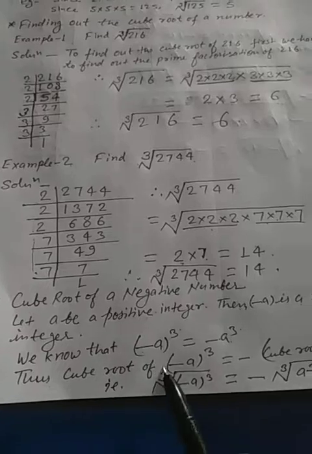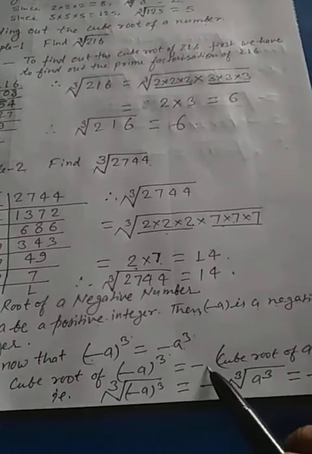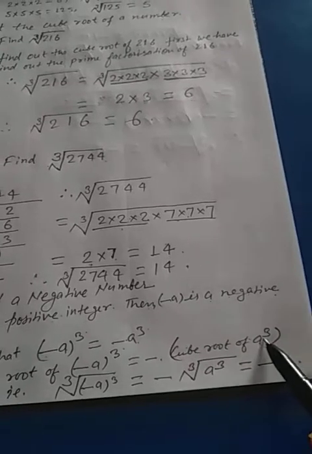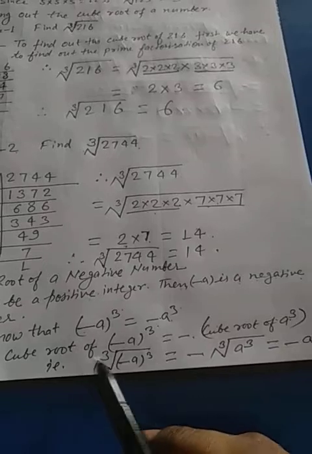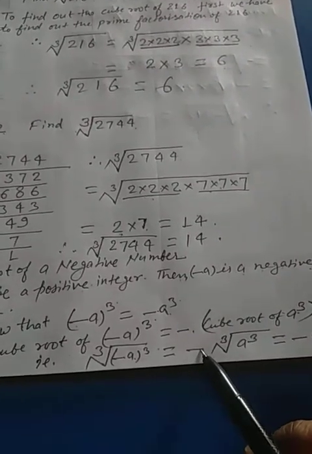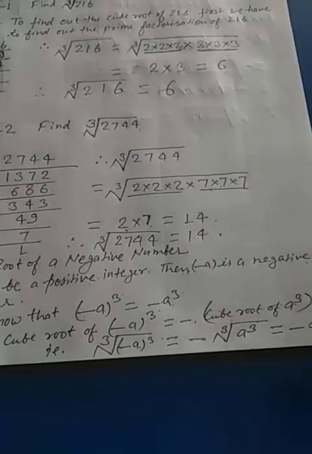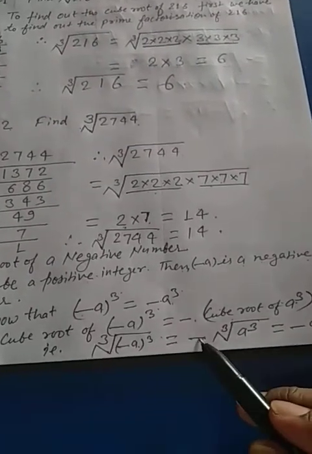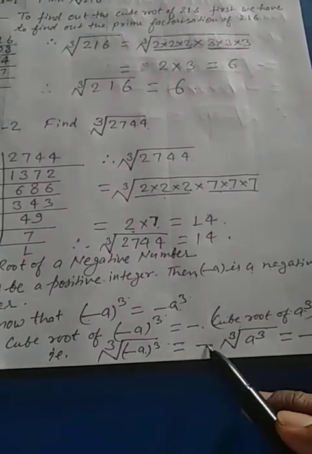Thus, cube root of (minus a) to the power 3 can be written as minus cube root of a to the power 3. It means we can take out the negative sign.